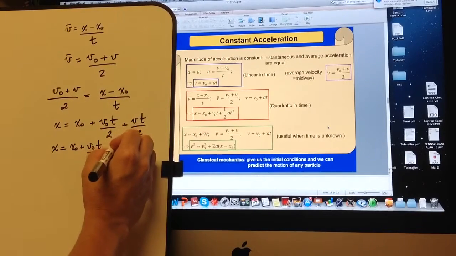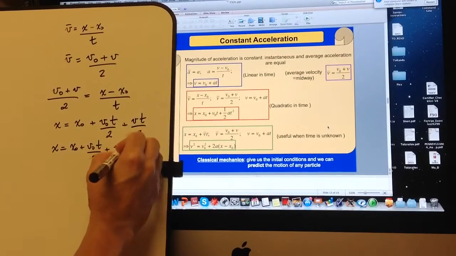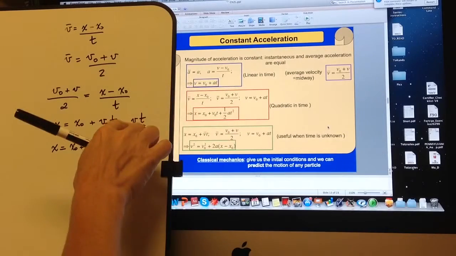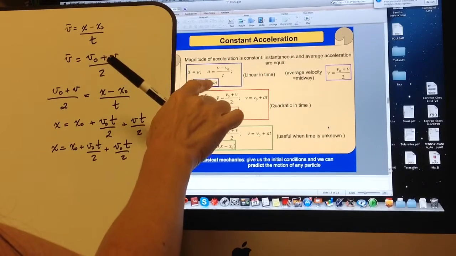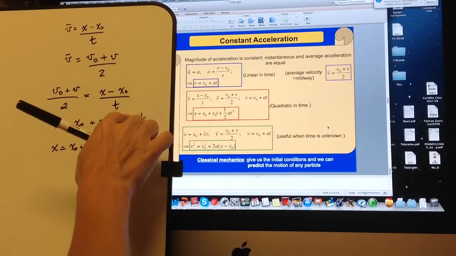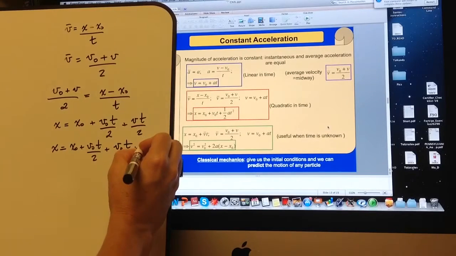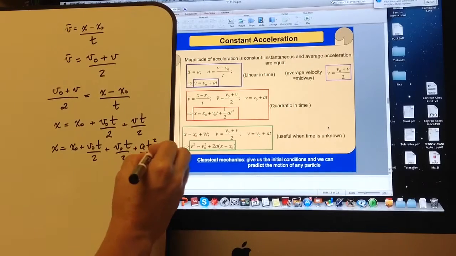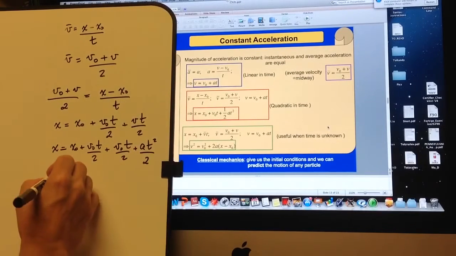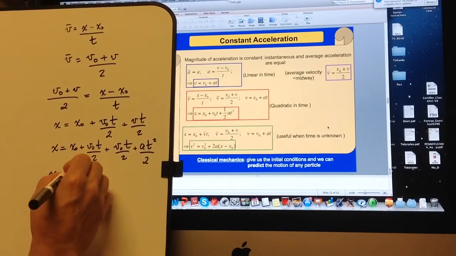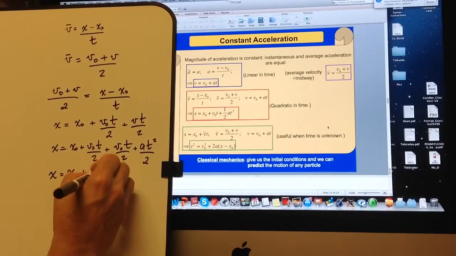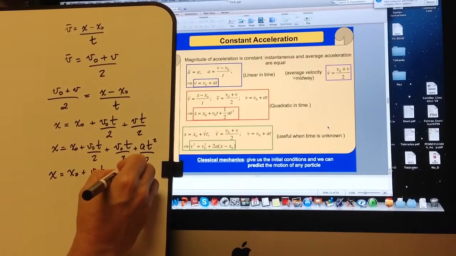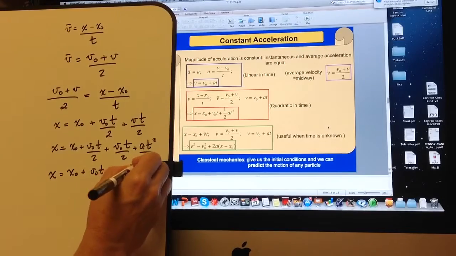So then I have v naught t over 2, because I put the v naught here, but I don't have just v naught, I also have at. So if I put at here, there is another t, so this becomes t squared divided by 2. And then you can finally see we get x equals x naught plus v naught t plus a over 2 t squared.